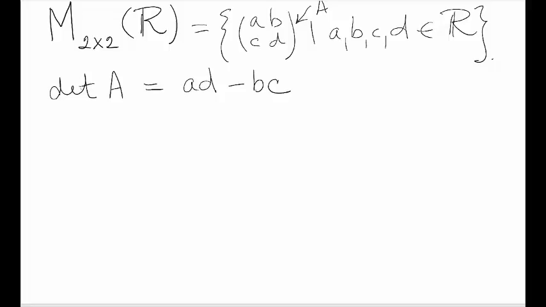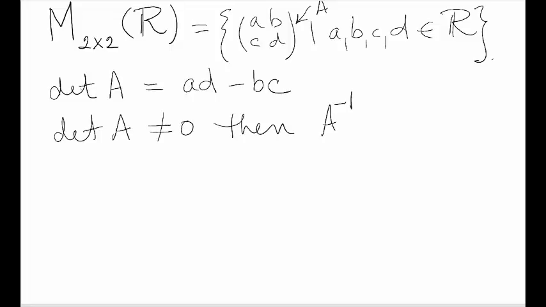And I know you've had that many times. But when the determinant of a square matrix, in this case 2 by 2, AD minus BC, is not equal to 0, then we know that A inverse exists. And A inverse is denoted like this. You know that's not 1 over A. It means the inverse of the matrix A. And what that inverse is, you should know.